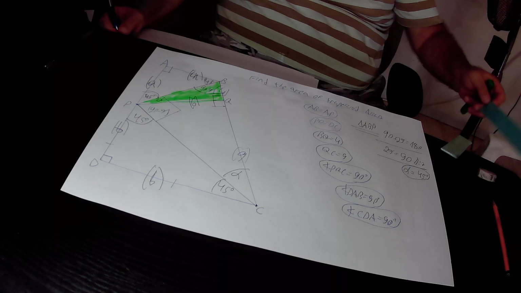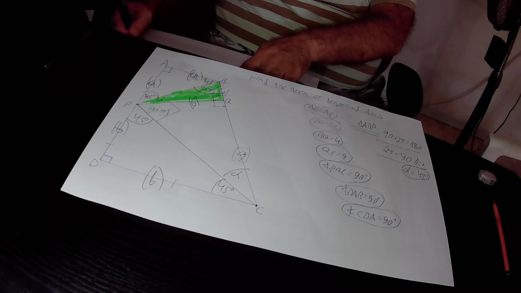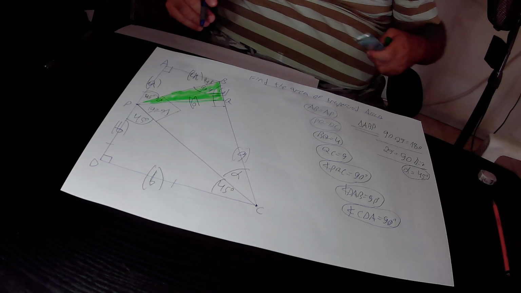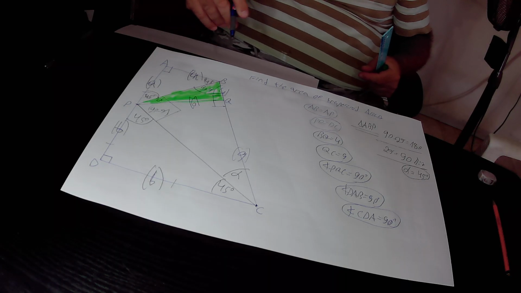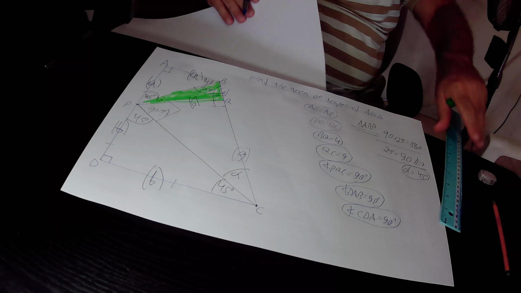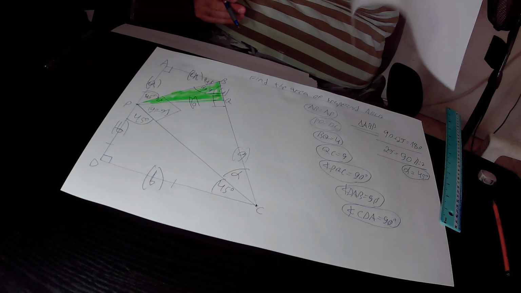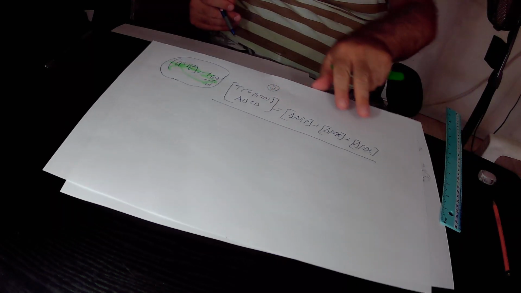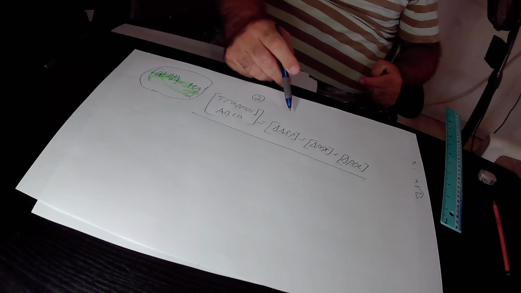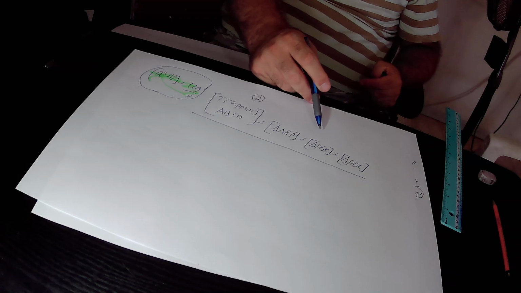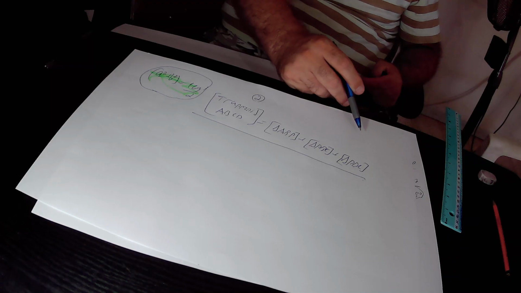So repeat again, I shall find out that the area of trapezoid ABCD equals the sum of the areas of the three components that it consists of. That is to say, it equals the area of the small right triangle ABP plus the area of the big right triangle PBC plus the area of the right triangle PDC.